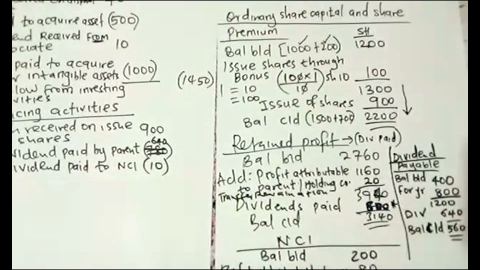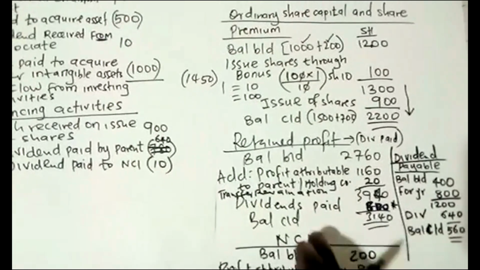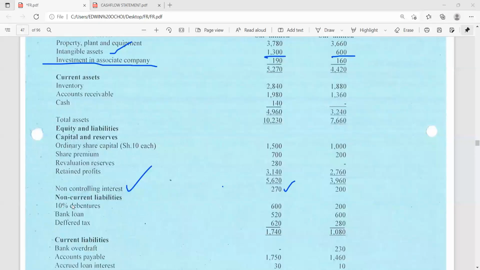So the next thing we go to is liabilities. After we are done with the dividends paid to the NCI, we move on to the liabilities. So there's this 10% debenture.